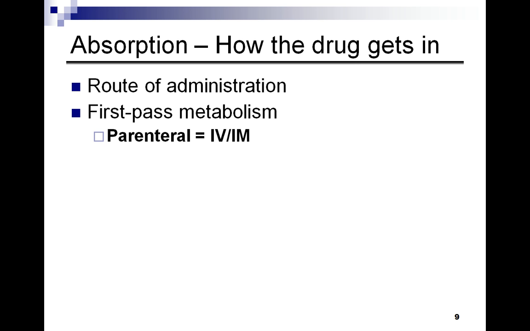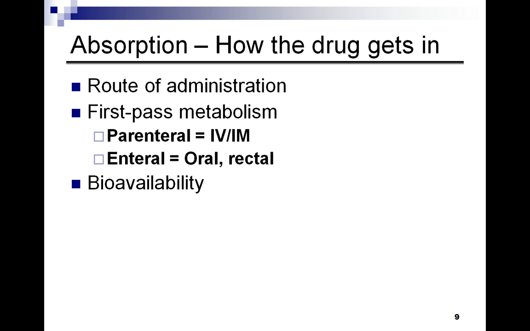So we've discussed parenteral and enteral routes of administration, and the parenteral route of administration is commonly associated with less first-pass metabolism than the enteral route. And this can be described by bioavailability, which is the fraction of drug injected or administered that ends up being available for action at the site of action.